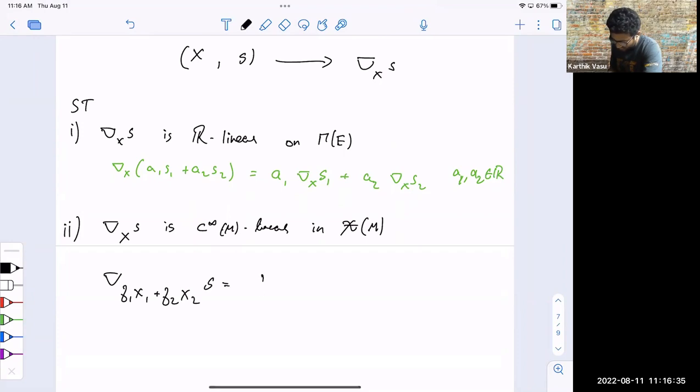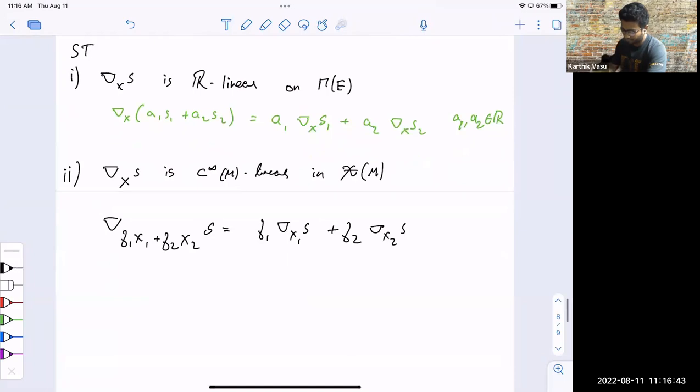I want nabla of (f1 X1 plus f2 X2) applied to S to equal f1 nabla_X1 S plus f2 nabla_X2 S. So here it was just linear with only constant terms in R, but here it is also linear with functions as coefficients.